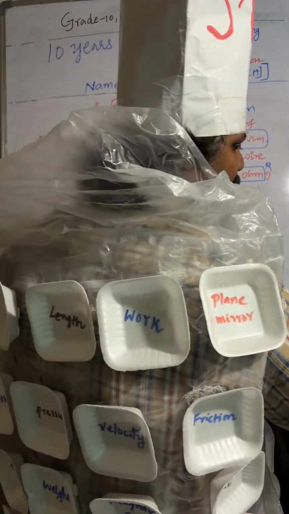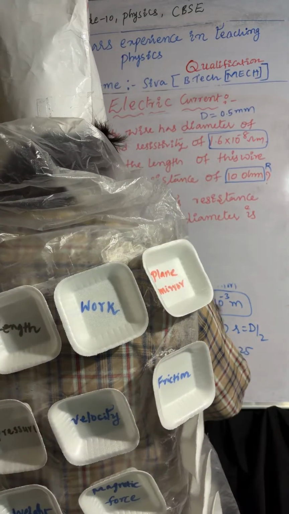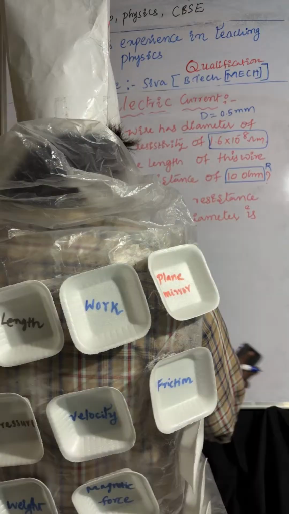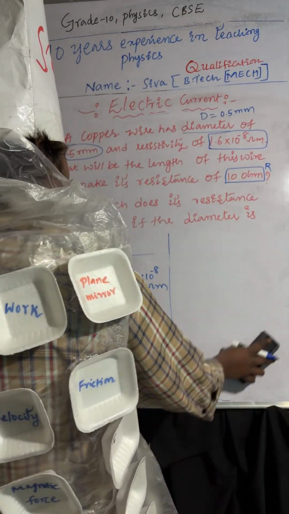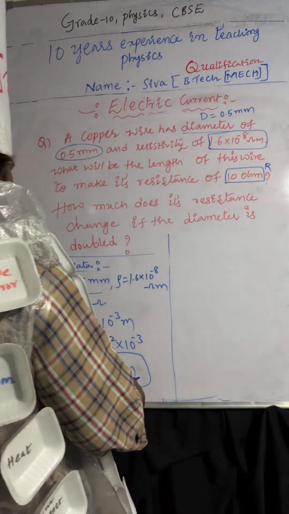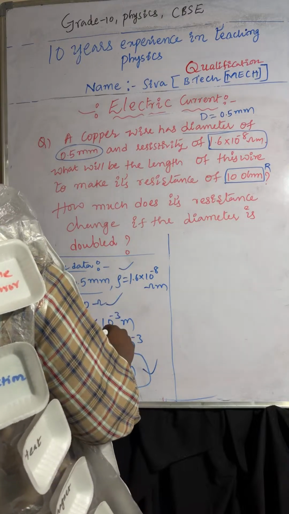Now you can check here. Then radius given. So radius you got, resistivity you got, resistance you got.